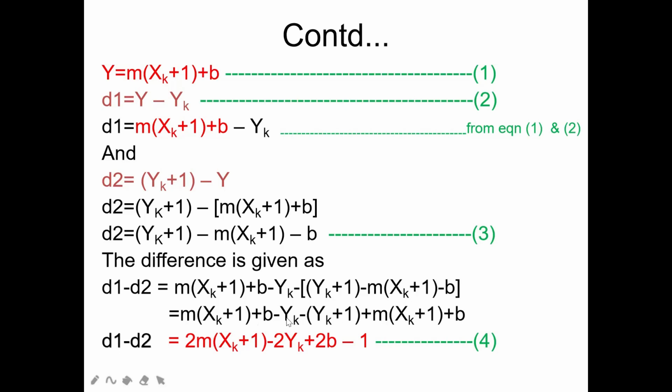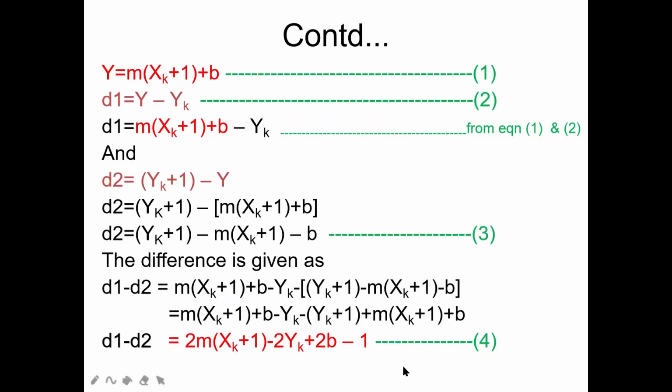So minus yk will be minus 2yk. Got it? Now plus b, here plus b will be plus 2b. Then when I removed this bracket, this sign got changed, so that is minus plus minus 1. This minus 1 will be here. This is my equation 4.